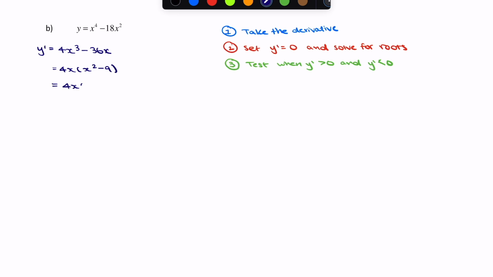Here we have 4x and a difference of squares, so x minus 3, x plus 3. And so here we have our three critical points: x is equal to 0, x is equal to 3, and x is equal to negative 3.